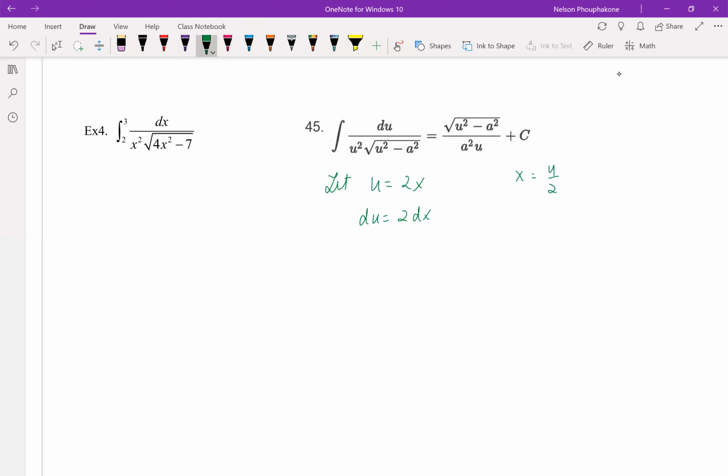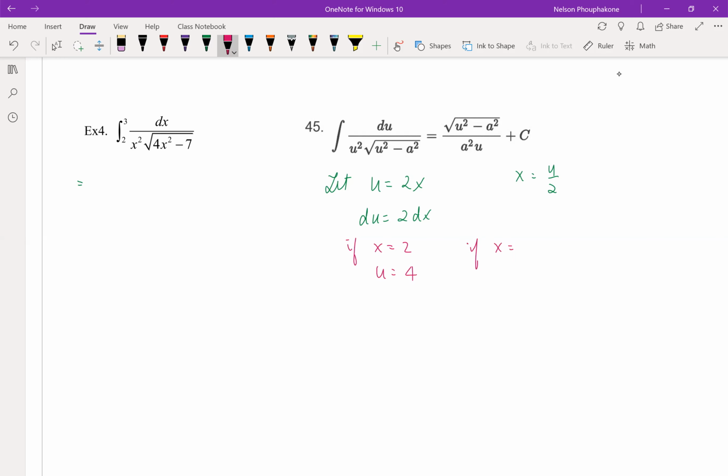Okay, now what we would like to do here is work it out with this one. If x is equal to 2, then u is equal to 4.